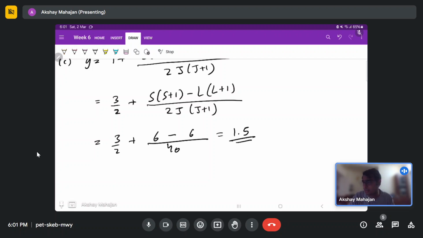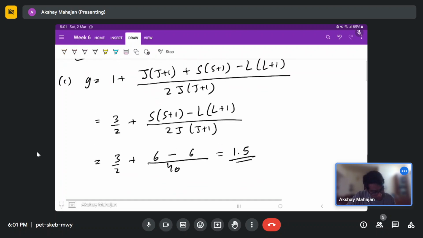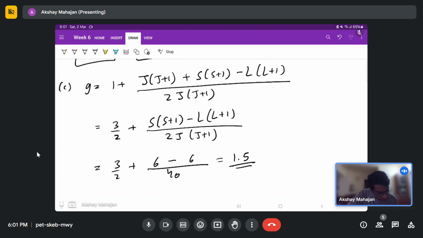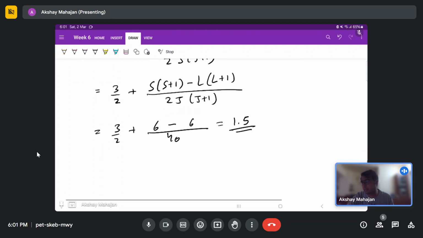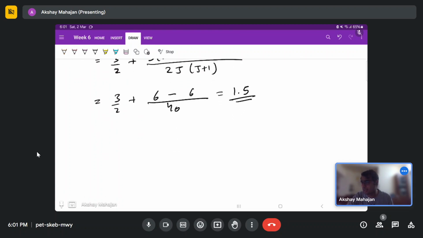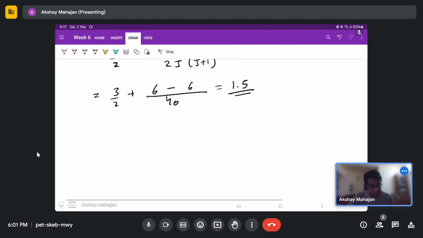So g value is coming as 1.5. If I have S equals to 0, okay, so we are getting g value is 1.5. There was something I wanted to add, but let's not do that.